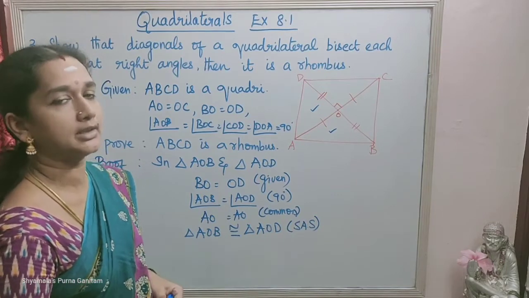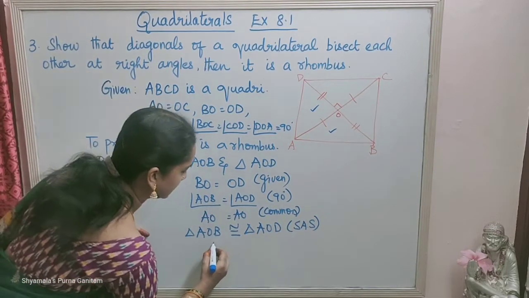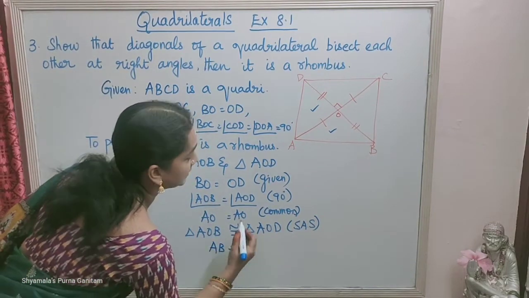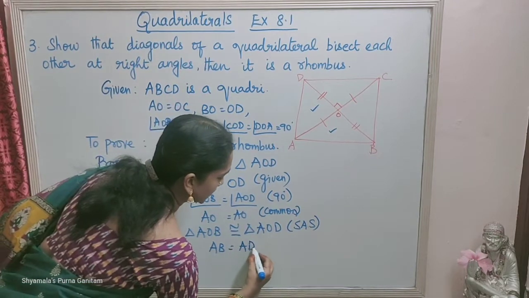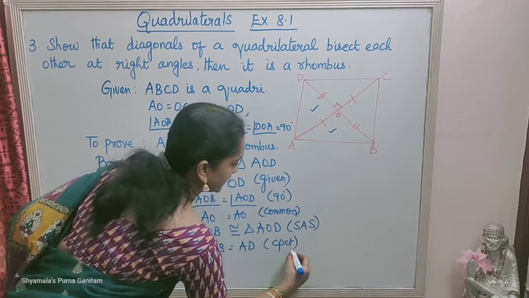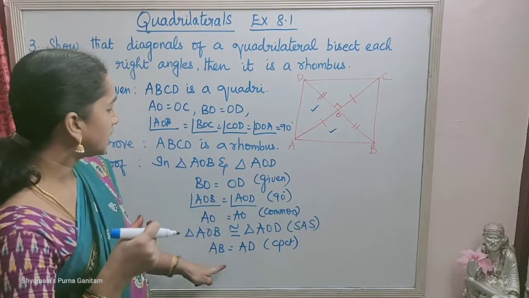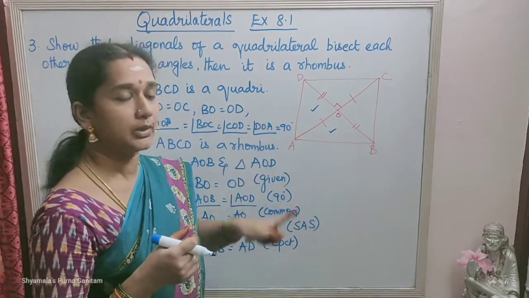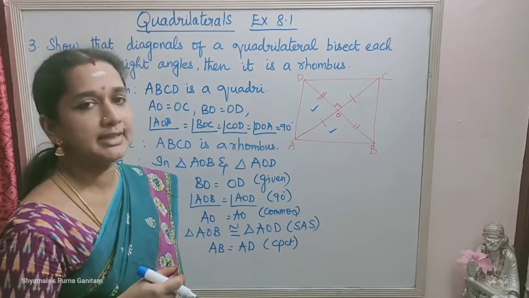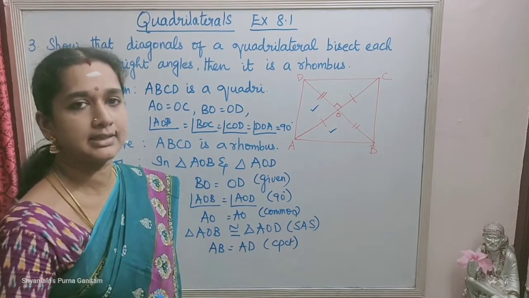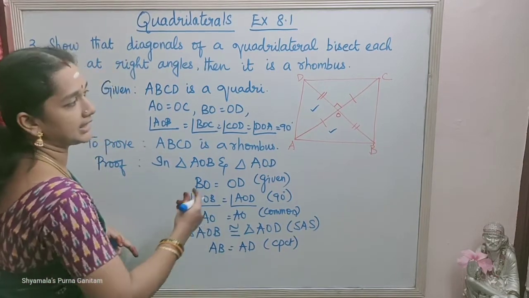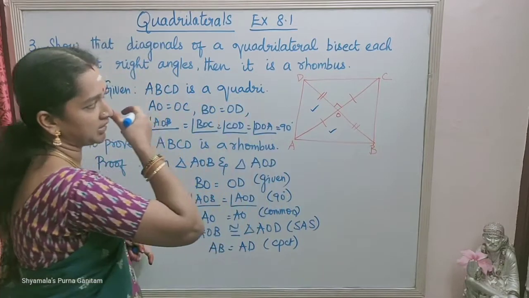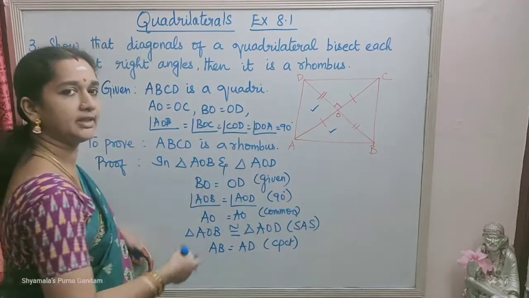Since these two triangles are congruent, by CPCT we can say that AB is equal to AD. Since AB is equal to AD, the adjacent sides are equal. Similarly, we can say that BC is equal to AD, and all the sides accordingly.